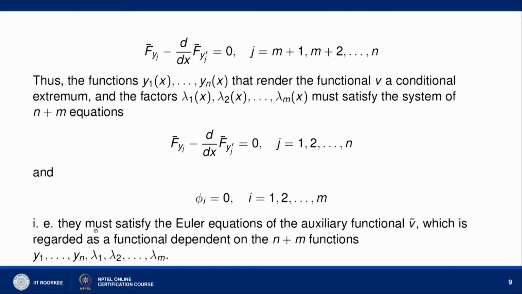It means that they must satisfy the Euler's equations of the auxiliary functional V bar, which is regarded as a functional dependent on the n plus m functions. So if we consider V bar as a function of y1 to yn and lambda 1 to lambda m, then these n plus m equations can be obtained through the Euler's equations applied on this V bar.